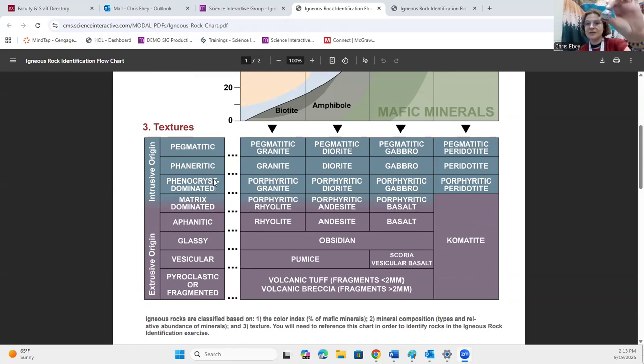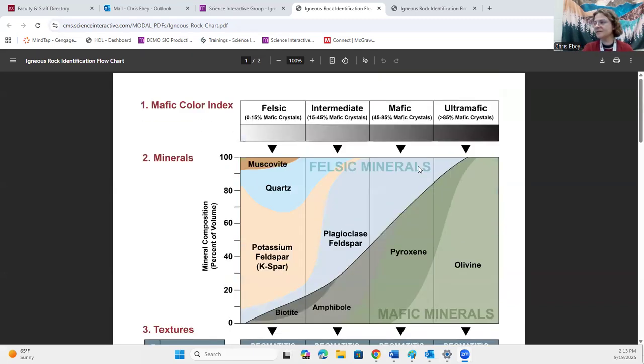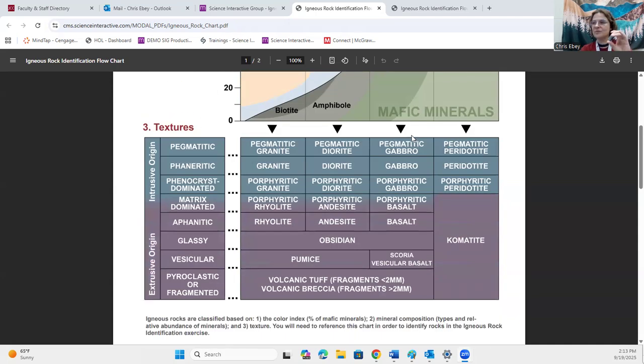Now for number three, the gray one, oh, I switched them up. I'm holding number one. There's number three. Number three is a darkish gray, right? That means that it is mafic. We go down the mafic column.